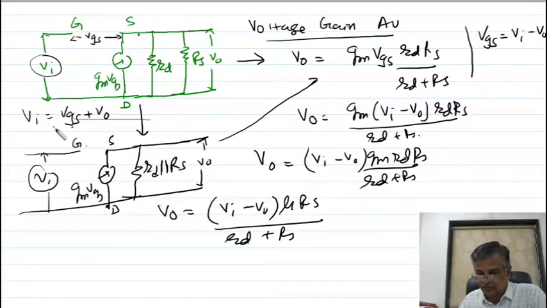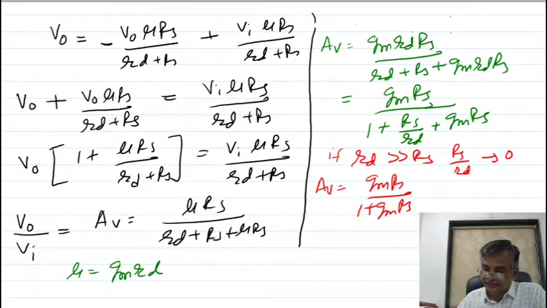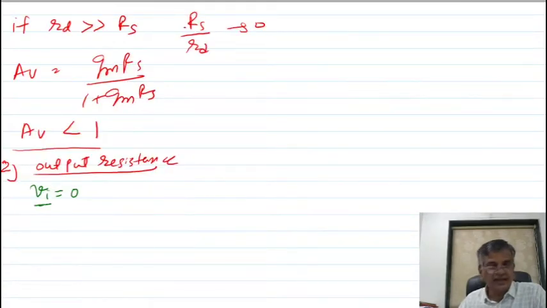If this is 0, then VGS plus VO is equal to 0. Listen again. The output resistance can be found by making the independent input signal equal to 0. As a result, the equivalent circuit will change. Look here, I am showing you the equivalent circuit.